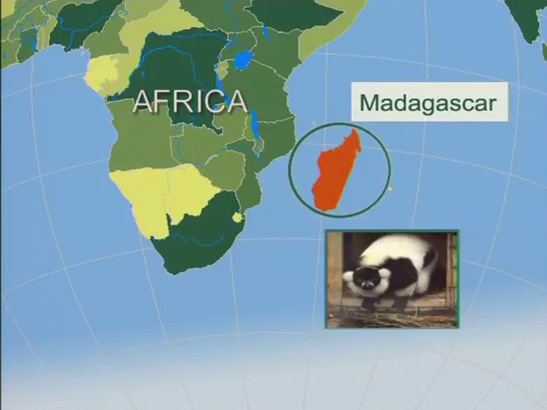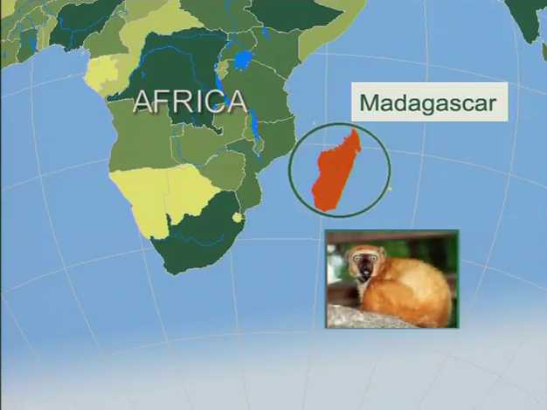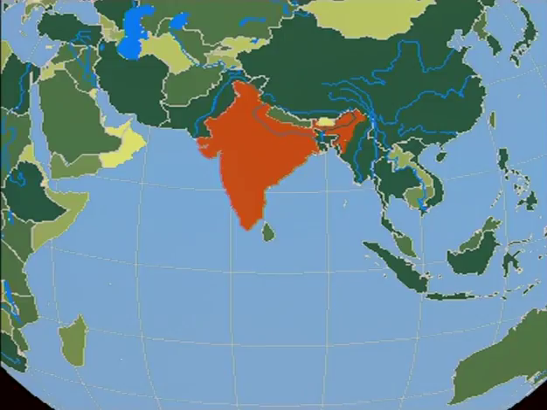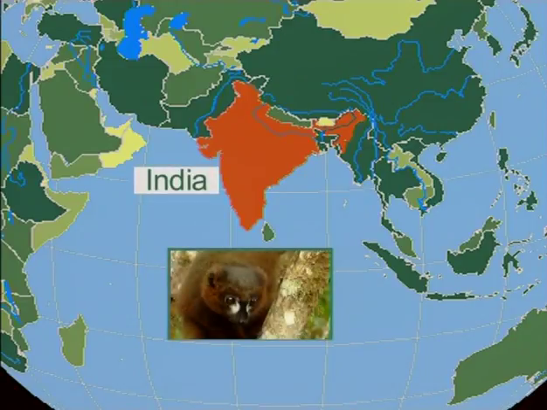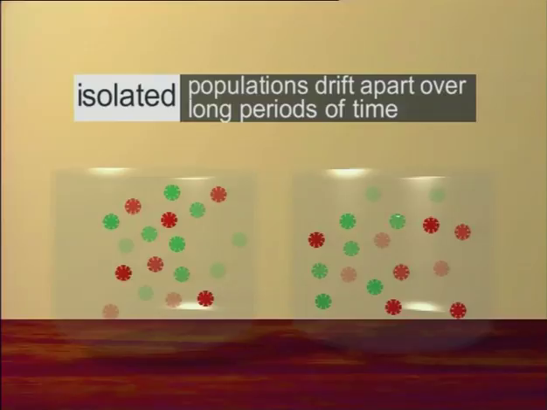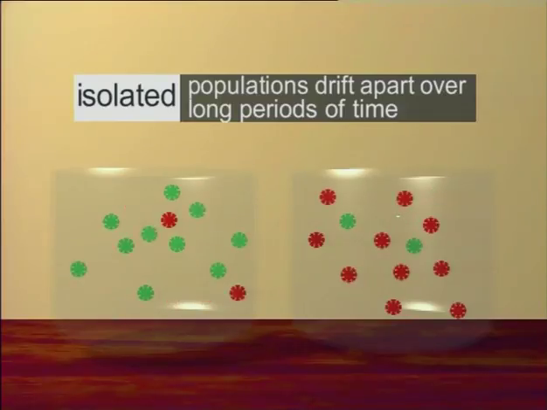Genetic drift takes place faster in isolated populations. In non-isolated populations, genetic drift is much slower. Populations living right next to each other, but isolated from each other, may drift into being different species over a very long time through genetic drift.